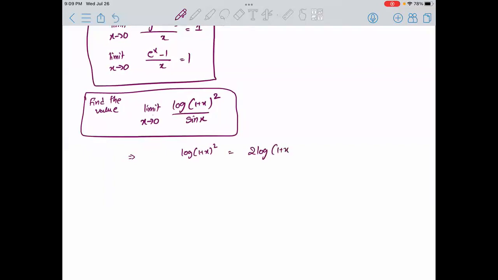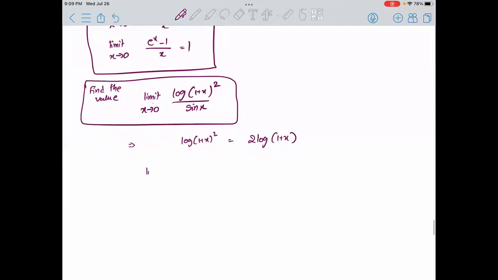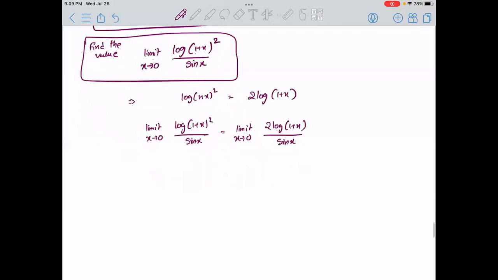Then we apply the limit as x tends to 0: log (1 plus x) whole squared divided by sin x equals limit x tends to 0 of 2 into log(1 plus x) divided by sin x. Now we take the 2 outside: 2 times limit x tends to 0 of log(1 plus x) divided by sin x.